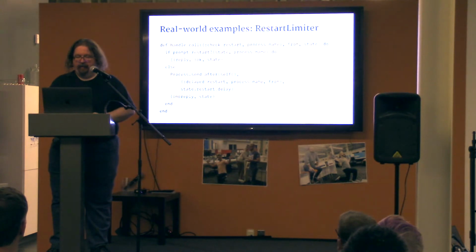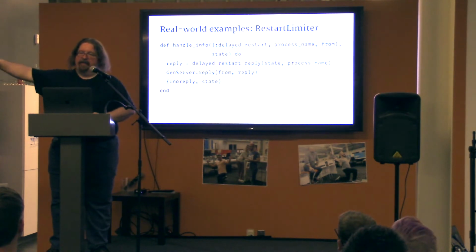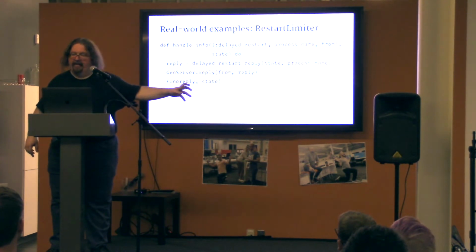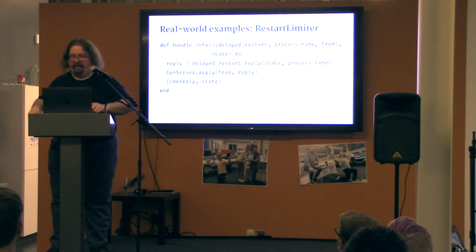If we aren't supposed to boot the process promptly, we don't send a reply. We reply to GenServer with noreply, which just says, go back to executing, don't reply back to the caller. And so we reply later. We take that from tuple that we got in the first function call, stash it in our state, and then spit it back out later.